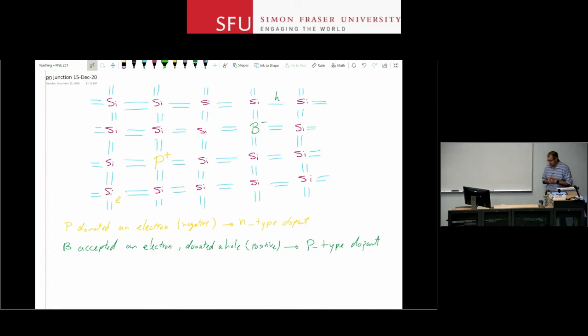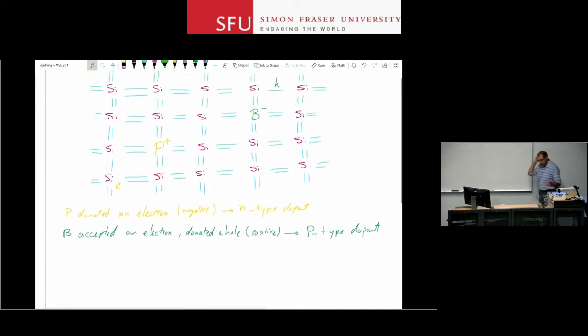However, something really interesting happens when I go and then, okay, so one more thing. If I have more N-type dopants in a piece of silicon than P-type, or if I only have N-type, I call that piece of silicon N-type or N-doped.